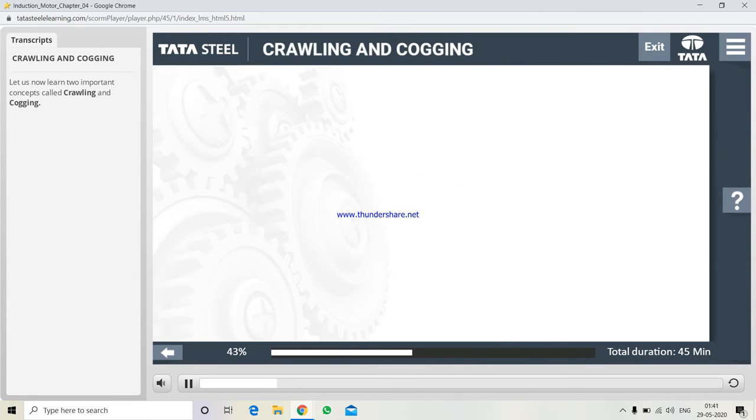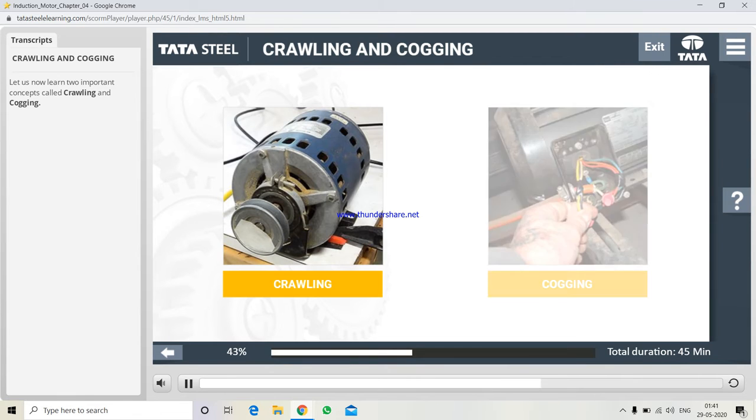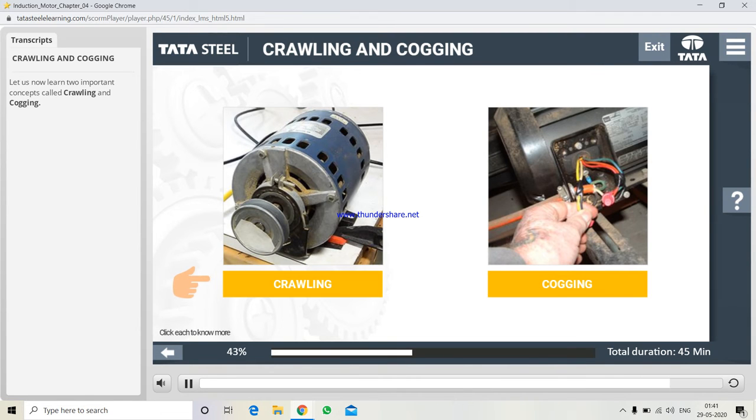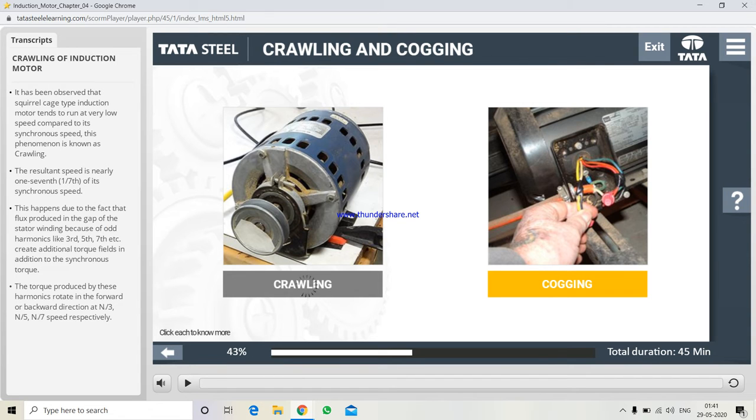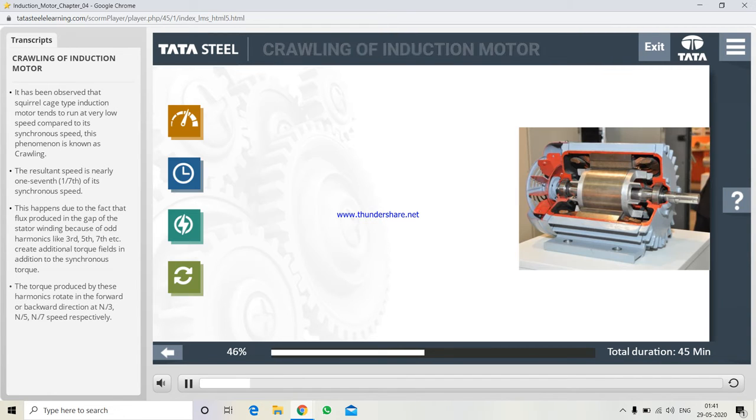Let us now learn two important concepts called crawling and cogging. Click each to know more. Click each icon to know more.